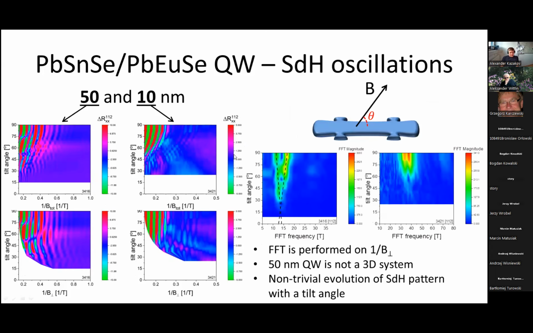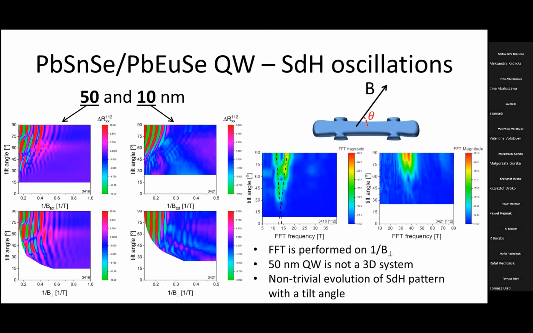To check whether the oscillations are 3D or have 2D character, we measured them as a function of tilt angle. The sample was rotated in the field, and we looked at how the oscillation pattern changes with the tilt angle. One can clearly see that the oscillation pattern changes with the tilt. So we also plot it as a function of 1 over B perpendicular.